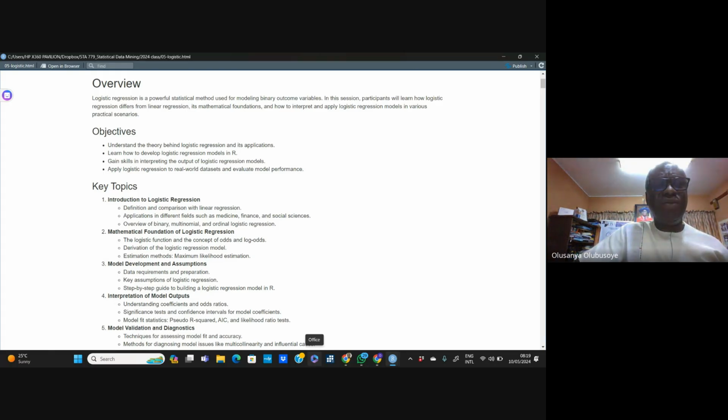So you gain skills in the interpretation of the logistic regression output. Then, of course, the ultimate objective is for you to be able to apply logistic regression to real-world data sets and evaluate model performance.